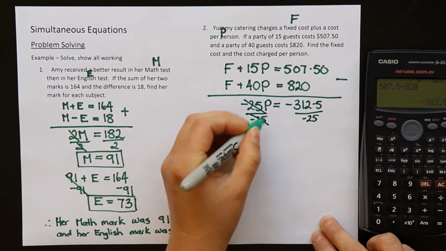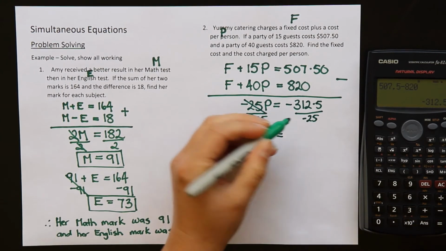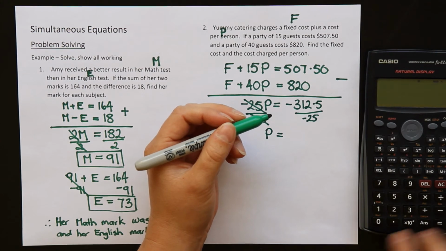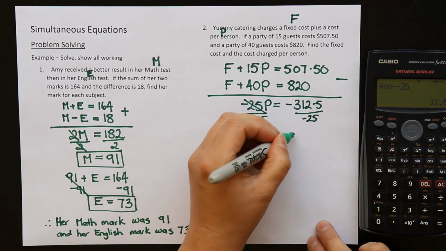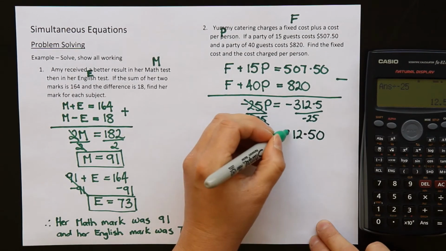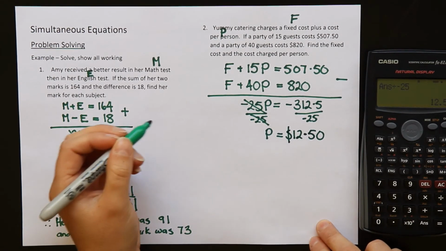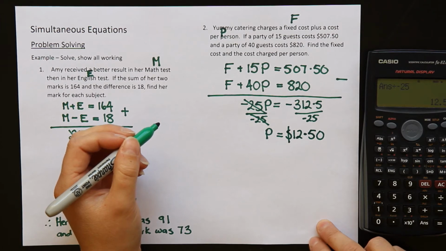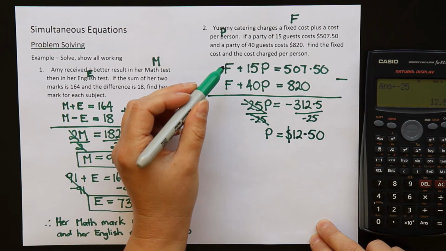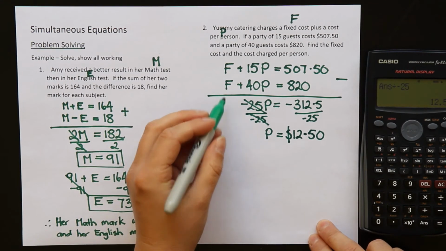Okay, if I divide by the negative 25, that cancels that out. I get 12.5, which is actually $12.50. The cost per person is $12.50. I still need to find the fixed cost, so let's substitute into, let's use the second equation this time.